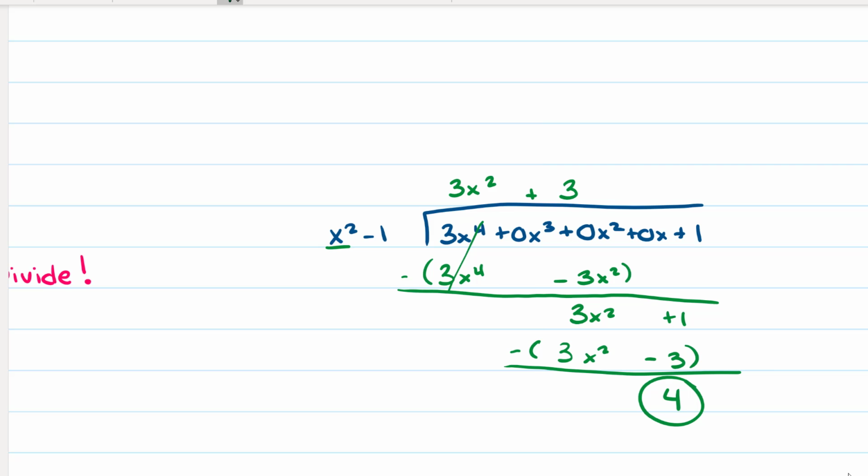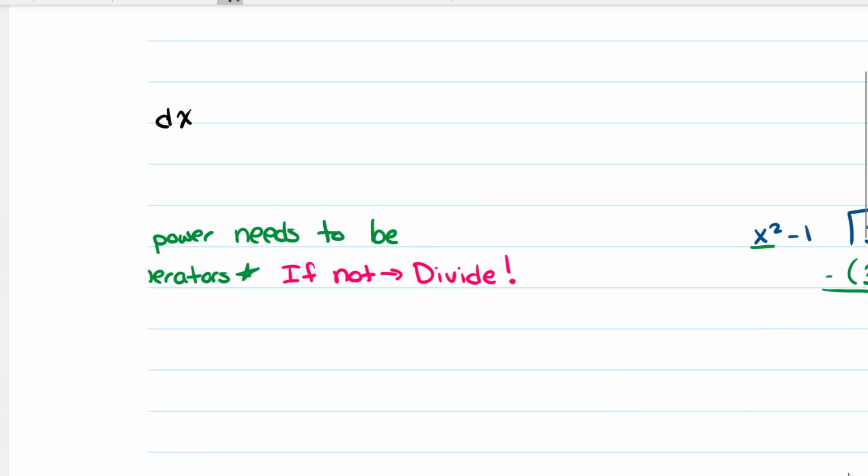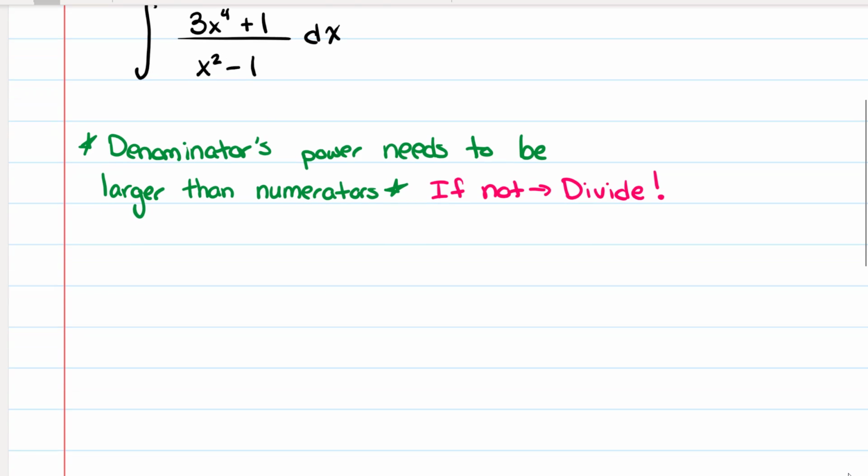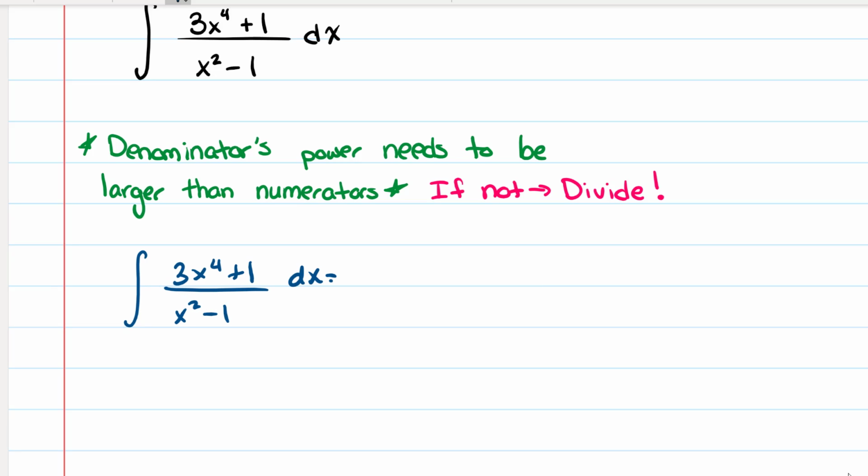Now, I'm going to show you how our new integral is going to look. We have the integral of 3x to the fourth plus 1 over x squared minus 1 dx, and that's going to equal the integral of 3x squared plus 3 plus 4 over x squared minus 1 dx.